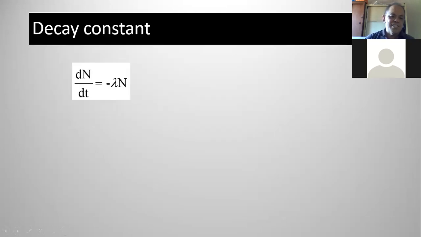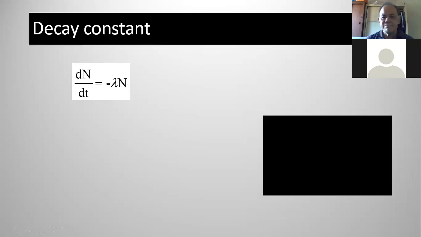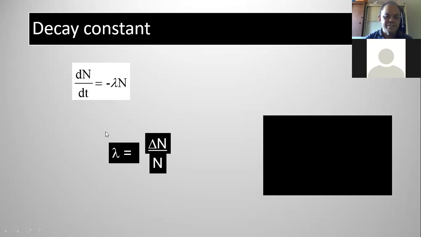Decay constant. Let's look at it. Let's rewrite that. Lambda. We won't bother about the negative sign there. dN is just a small change, that's all. So this is more familiar, a small change, the number emitted. Then take this N down, and rewrite that.